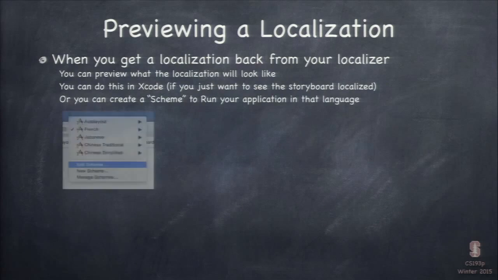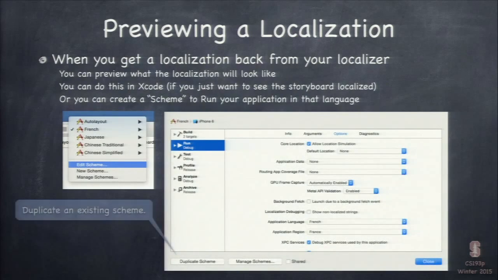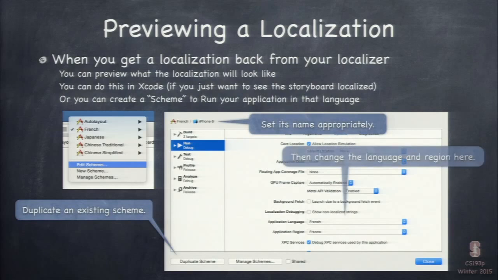The other way, and this is mostly the way you're going to test your app, is you want to run it using the translations. Now, it would be a pain in the neck if every time you wanted to run in Arabic, you had to go on your device or your simulator. Let's put this up here and I'll show you.